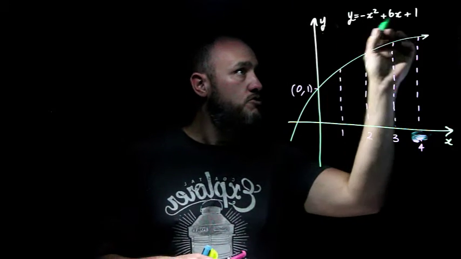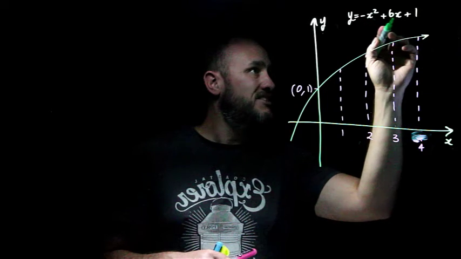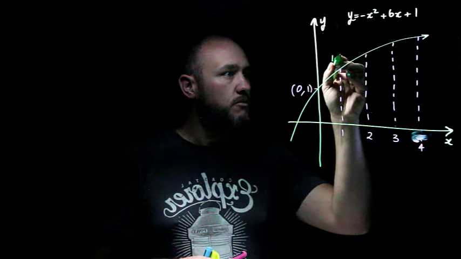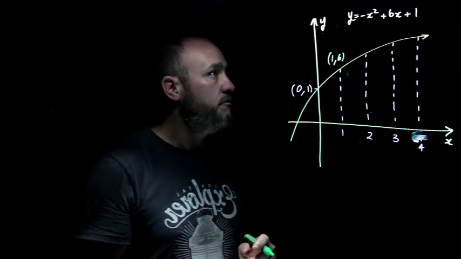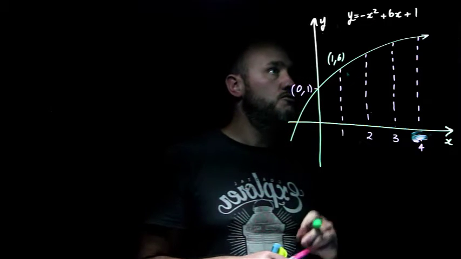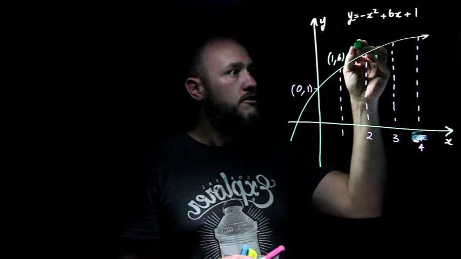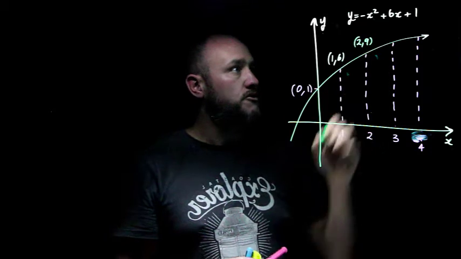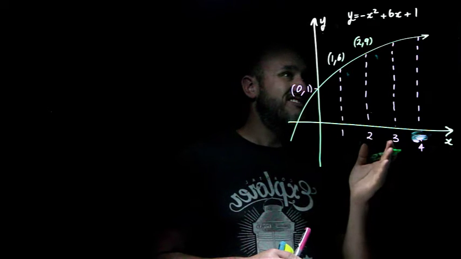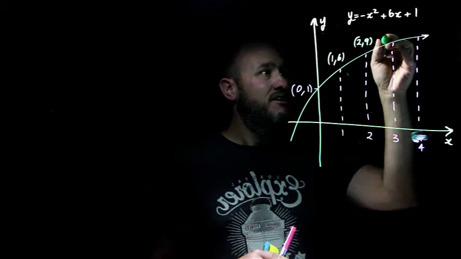At 1, what does y equal? Negative 1 squared plus 6 times 1 plus 1 is 6. So it's 1, 6. I hope I've got that right. And what happens at 2? Negative 2 squared plus 6 times 2 plus 1 is 9. So we get 2, 9. What happens at 3? Negative 3 squared is negative 9 plus 18 plus 1 is 10.